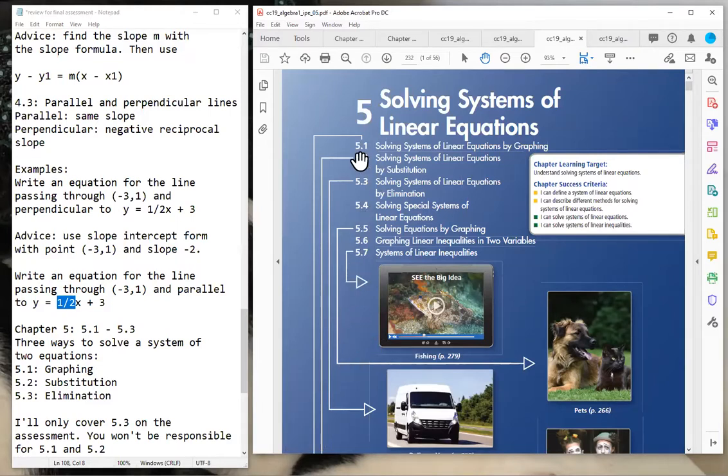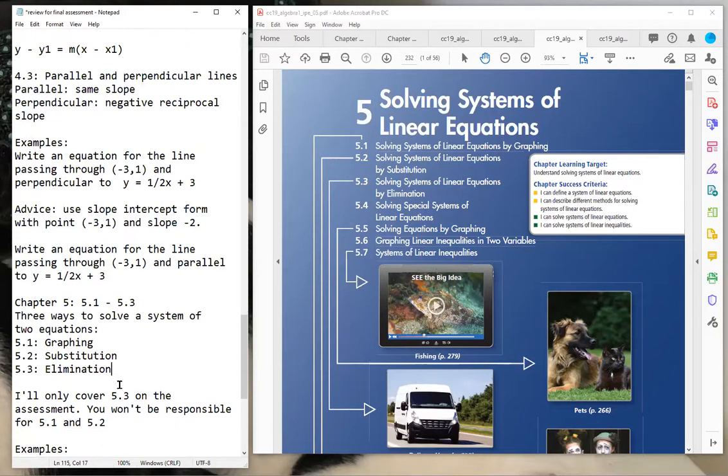And this was really, you could solve systems by graphing, by substitution, or elimination. To try to make your study a little bit easier for tomorrow, I'll make a deal with you. I won't cover 5.1 and 5.2. I'll only cover 5.3. So you won't be responsible for solving systems with substitution or by graphing.